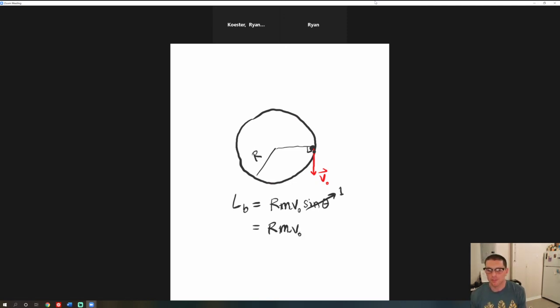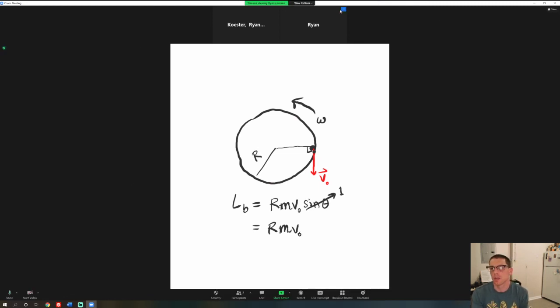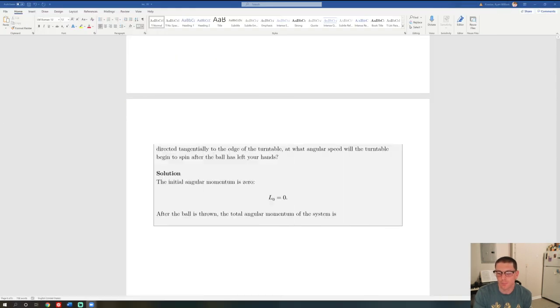Now, after the ball is thrown, the turntable is going to start to rotate, like we said, counterclockwise. We'll say this is omega. And we need to figure out the angular speed it starts to spin with. So let me go back to the document now.